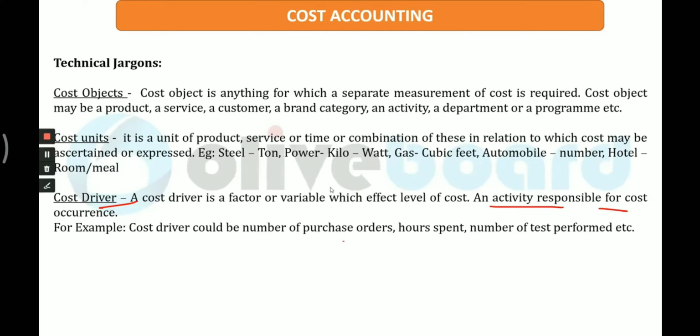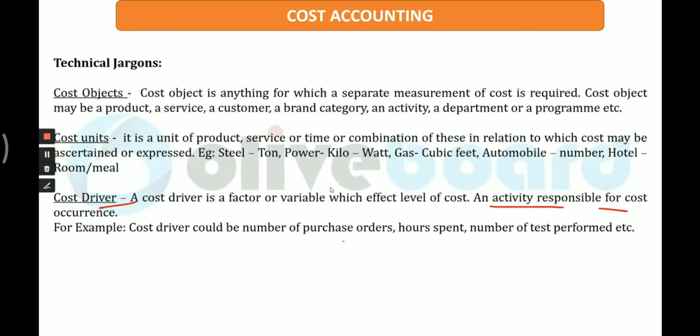Cost driver means that which affects your level of cost. That particular activity is called a cost driver. Whichever activity will influence your cost, will vary your cost, will affect your level of cost, that is called a cost driver. For some industries it will be one thing, for other industries another thing will be the cost driver.